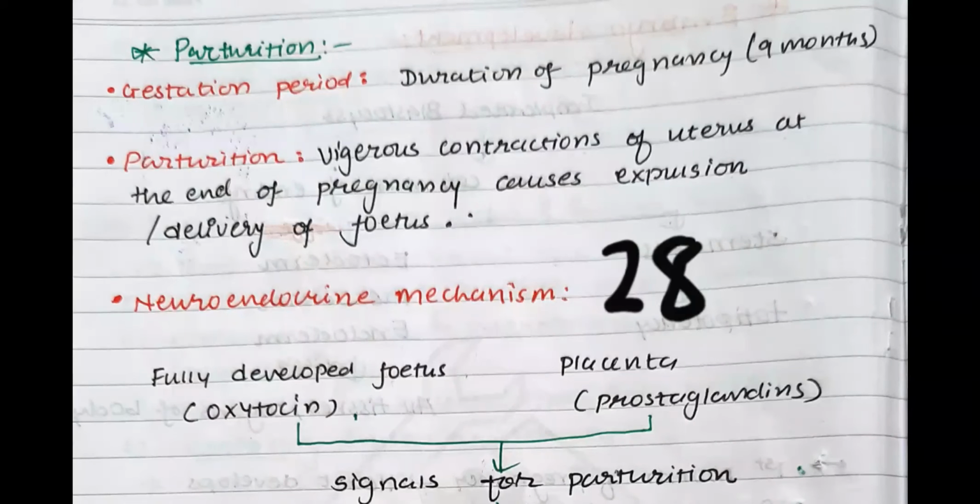And that is called as delivery of the baby or fetus, or else you may call it as the parturition. For that, the vigorous contractions in the uterus are required towards the end of the pregnancy, which will expel the fetus outside the body from the uterus through the birth canal to the outside. That is termed as parturition.